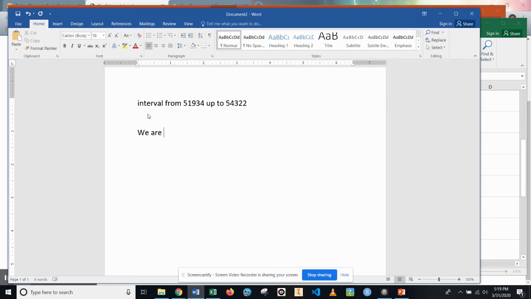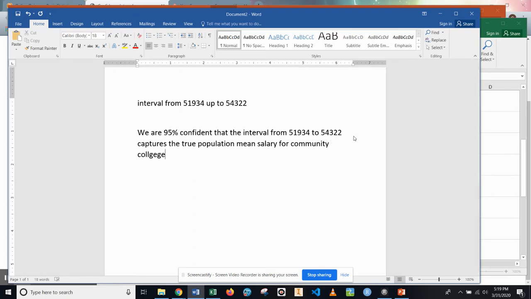We are, in this case, 95% confident that the interval from 51,934 up to 54,322 captures the true population mean salary for community college math instructors.